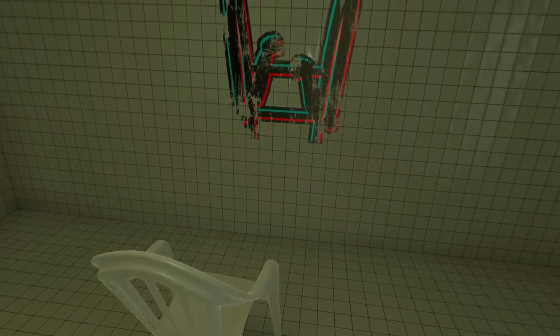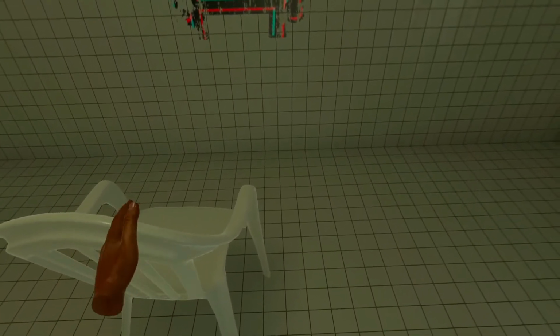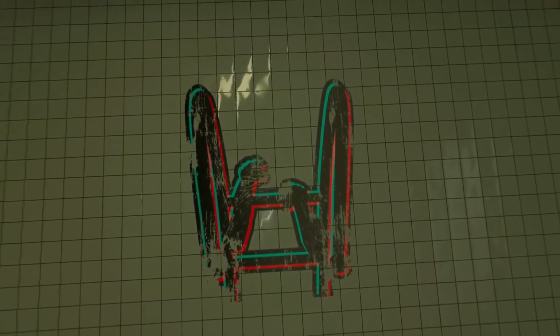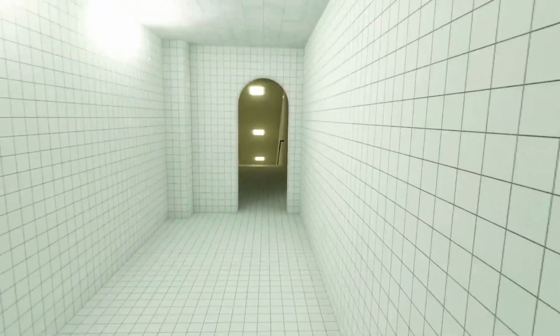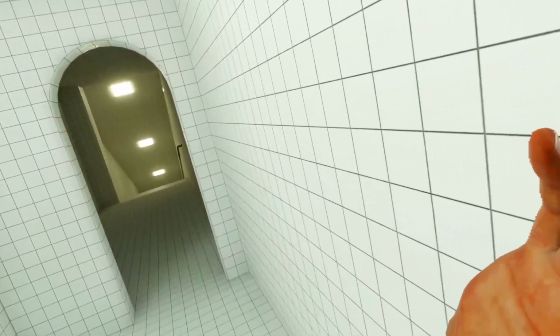And of course, a chair. Oh, and now I'm in the chair. Amazing. Okay. Potentially foreshadowing. We're going deeper. We're going to need to climb. Fine.